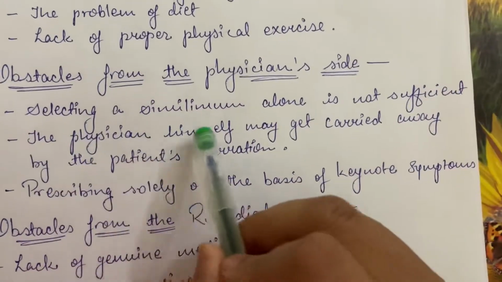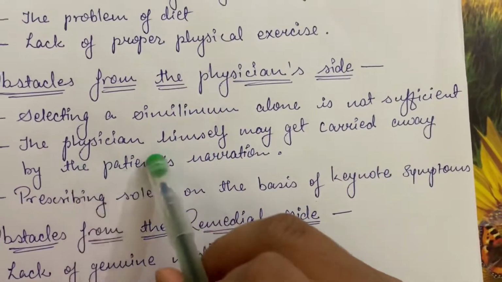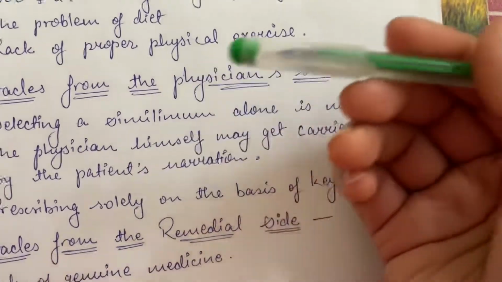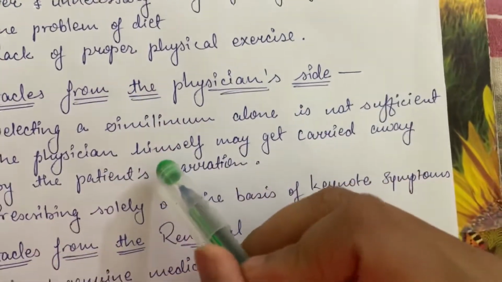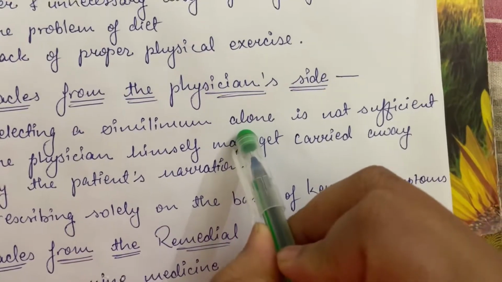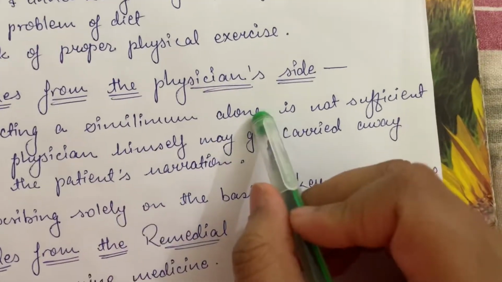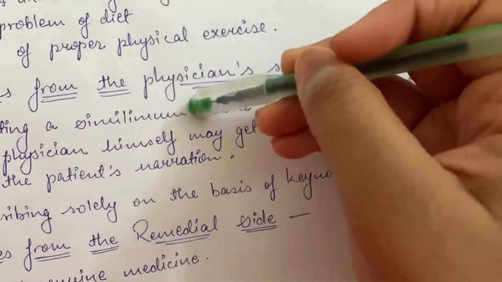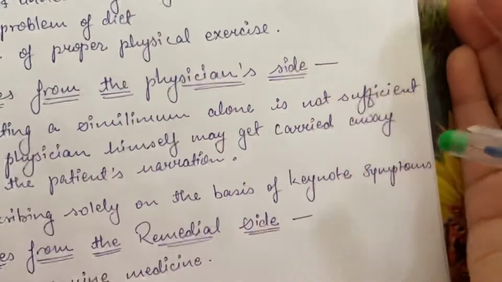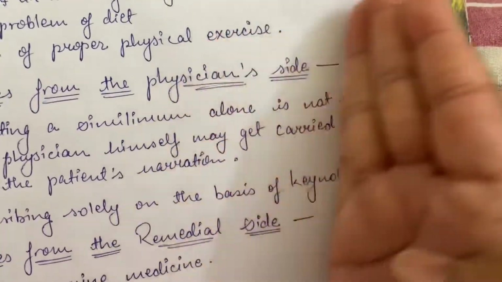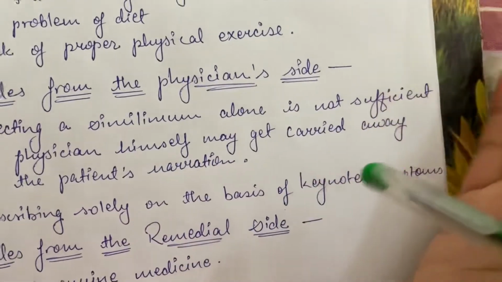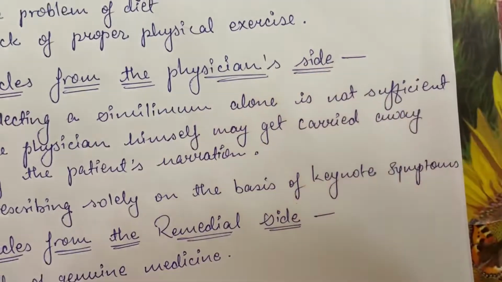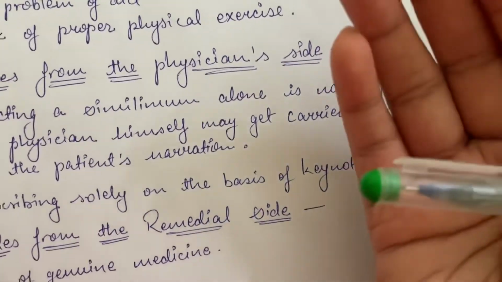Okay. The physician himself may get carried away by the patient's narration. While case taking, we should be neutral. We should not be biased with any particular thing, or prejudiced. ठीक है, so we should only listen. ठीक है, अगर हमें patient कुछ बता रहा है, nowadays the students who are passing out, newly practitioners we can say, are more refreshed with their data of rubrics.